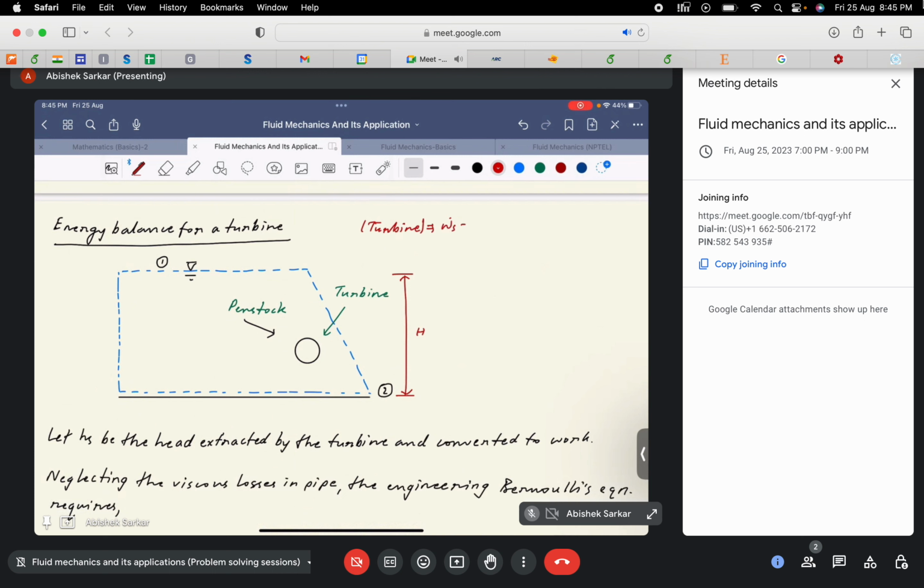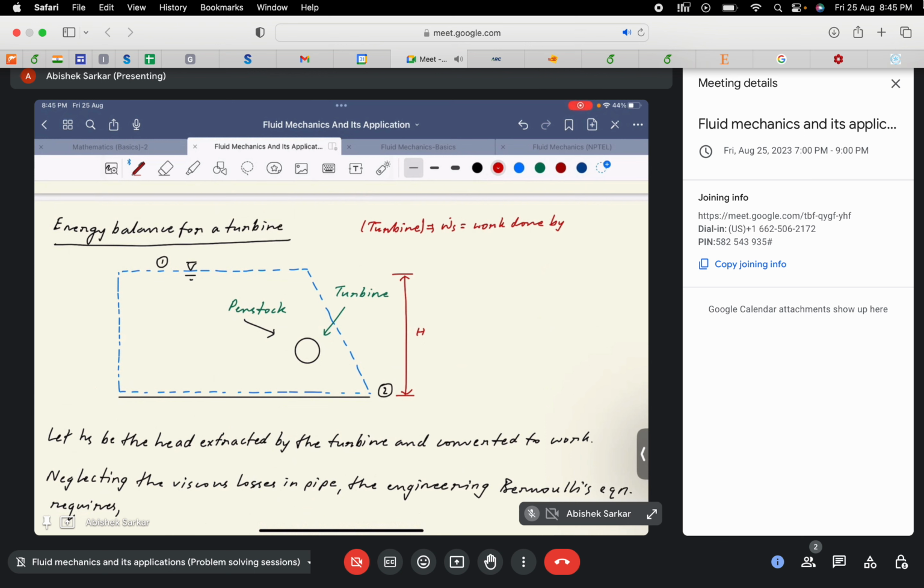W dot S is equal to work done by the system, because it is now the liquid that falls from a higher elevation that impinges the surface or the vanes of the turbine, which in turn rotates the turbine, that helps in generation of electricity, because that rotation, that mechanical energy is used to rotate an electrical generator.